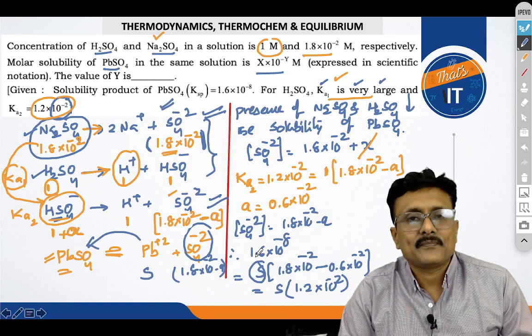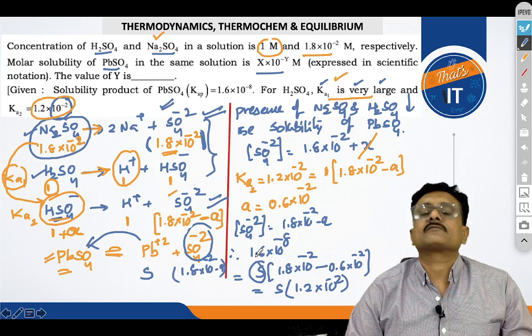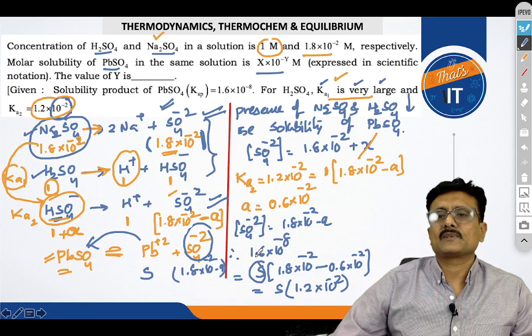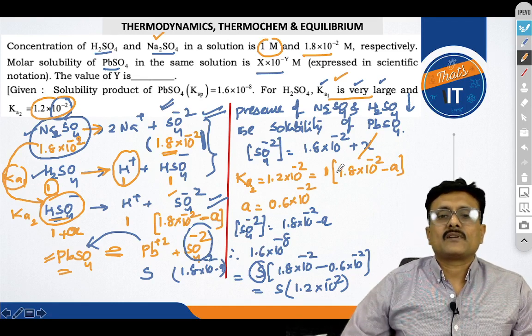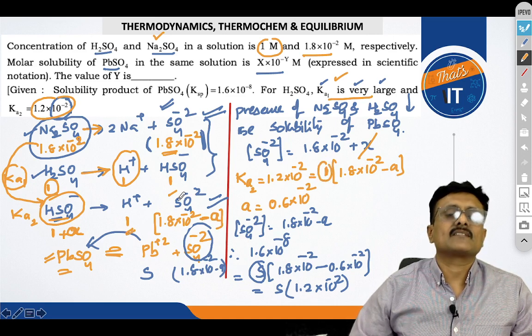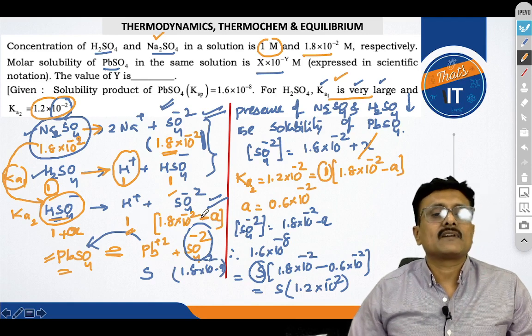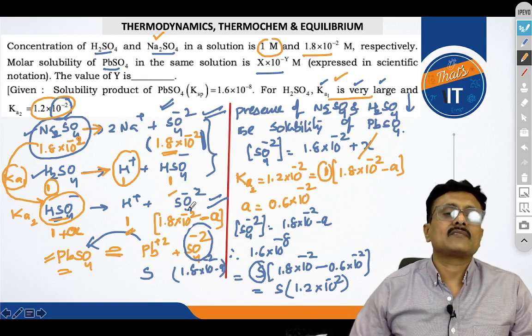Hope you understood. So you have to make certain approximations if you want to solve the question from ionic equilibrium. What are the approximations that I made? I took the concentration of H+ totally as 1. I did not consider the dissociation backwards, that means I ignored the value of X, which is nothing but the sulfate ion obtained from this.